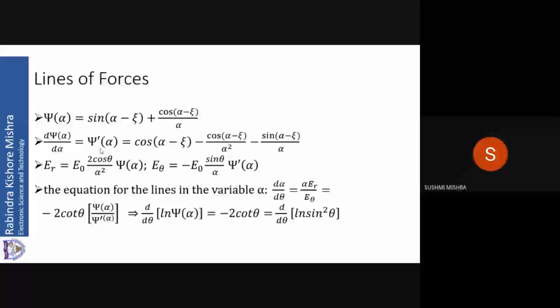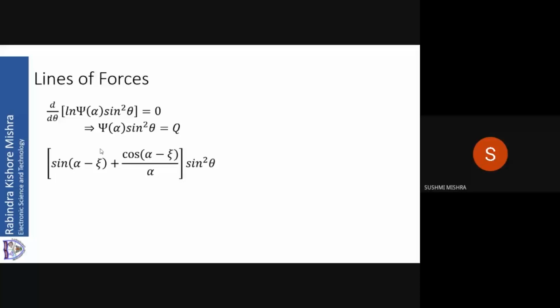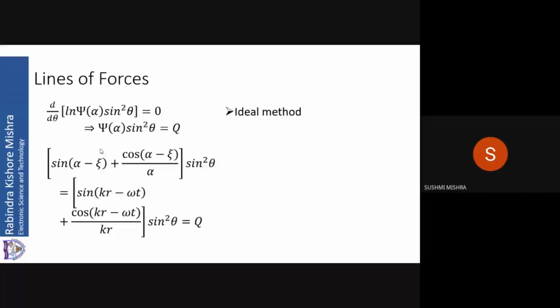This is simple calculus. If you remember those, you can derive these things. Once we equated that to 0, we found psi alpha sine squared theta is equal to a constant, which is q. So that constant we can solve.